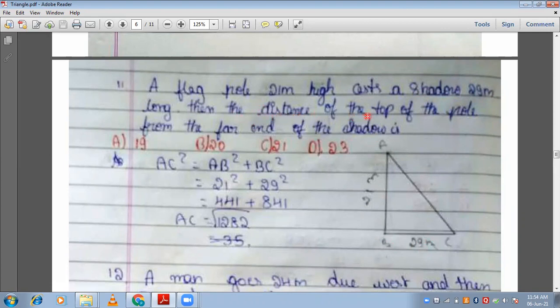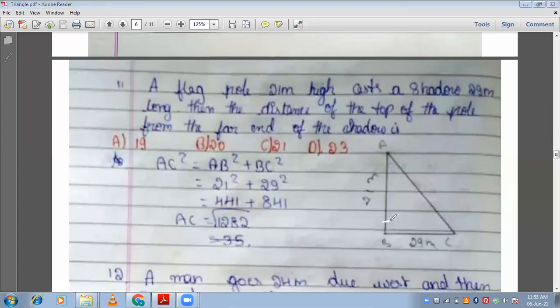Then the distance from the top of the pole to the far end of the shadow is dash. The end point of the shadow is C. You need to find out this length, AC is equal to question mark. The pole stands straight, so this is 90 degree. The pole is 21 centimeter. So consider this is a 90 degree.